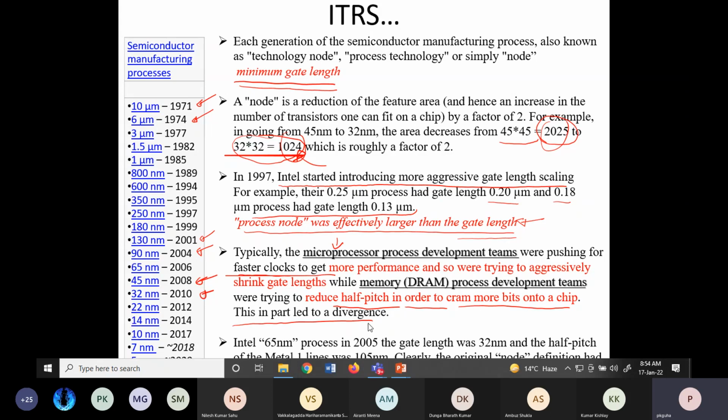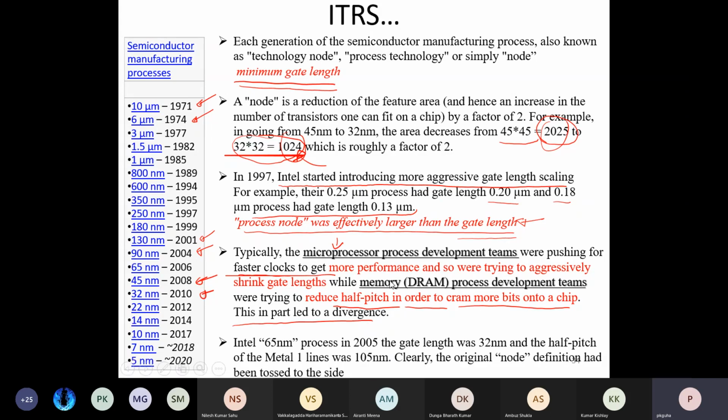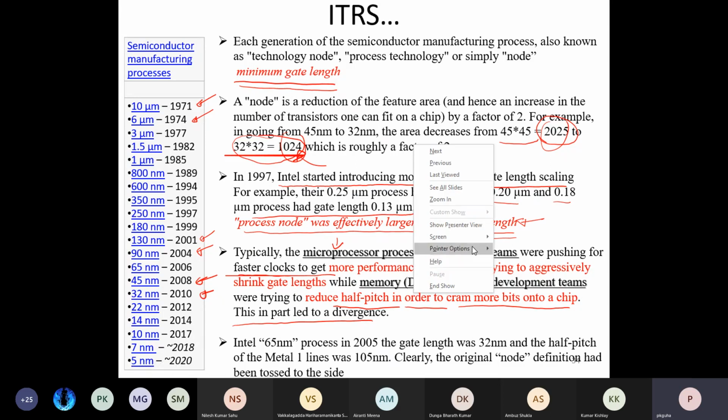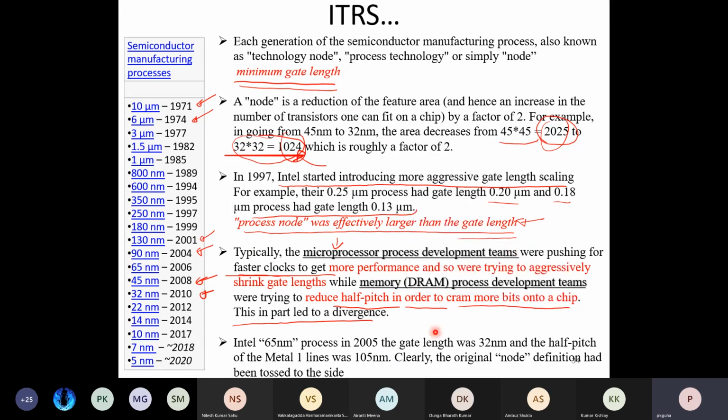So Intel in the 65 nanometer process in 2005 had a gate length of 32 nanometer, and the half pitch of the metal one line was 105 nanometer. Clearly the original node definition had been tossed aside, right? Because by 65 nanometer we mean 65 nanometer gate length, but in the 65 nanometer Intel process in 2005 they were in fact using 32 nanometer, and the metal half pitch of the metal one line was 105 nanometer.